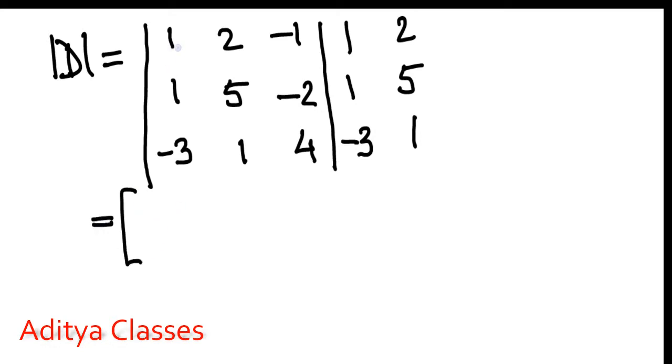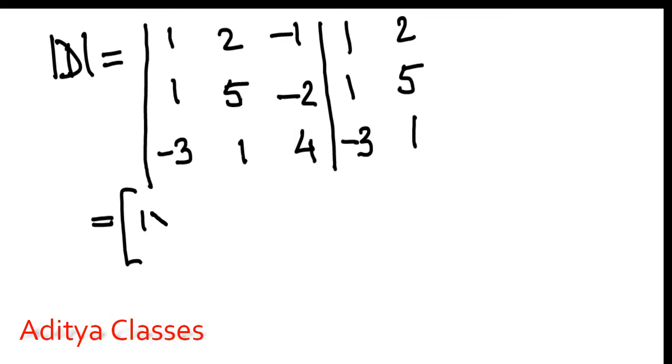First is all leading diagonals. First one, second one and third one. These diagonals are starting from top and coming to bottom. So first we'll take these diagonals and multiply them. 1 multiplied by 5 multiplied by 4.